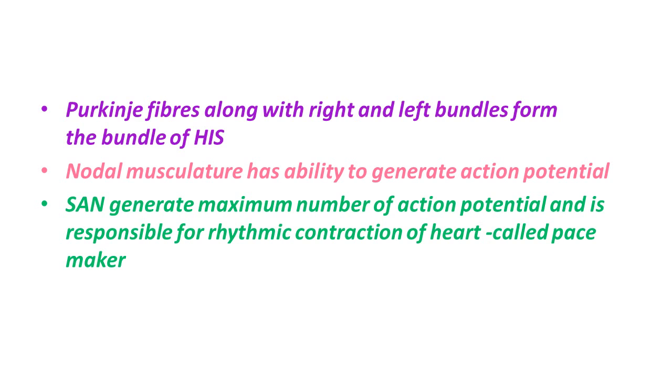This nodal tissue plays an important role to generate this type of action potential for the activity of the heart. Due to the role of the SAN, it is also known as the natural pacemaker.